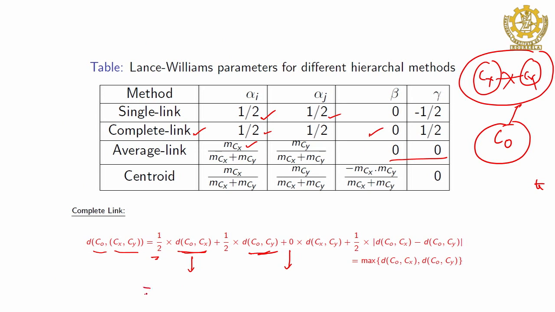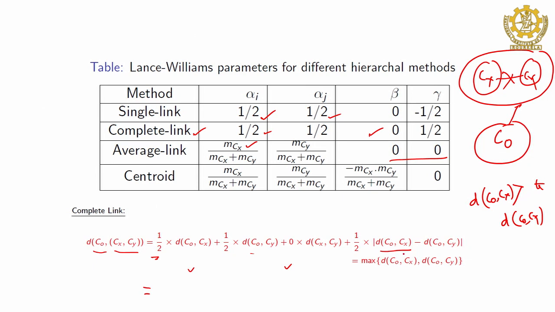So, now if you compute it here, what do you get? Half of the distance C0 Cx minus distance C0 Cy. Okay. So, let us say distance from C0 Cx is greater than distance from C0 Cy. Any one of the two values, if it is 0, then it is a different case.